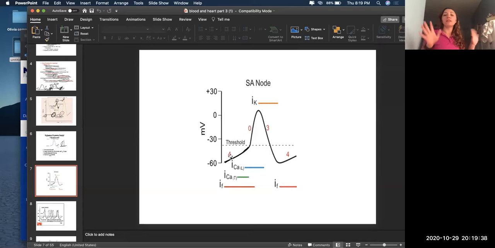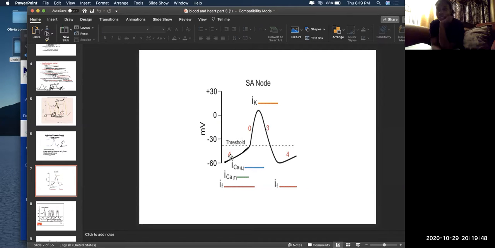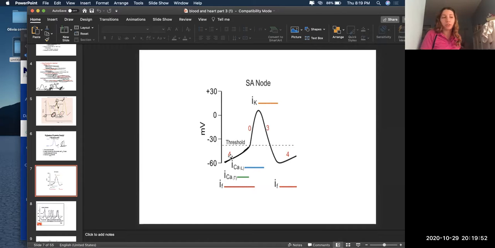When we're talking about epinephrine and norepinephrine, are they part of the sympathetic or the parasympathetic? Sympathetic. So based off of that, what do you think it does to this phase 4? Does it shorten it or make it longer?